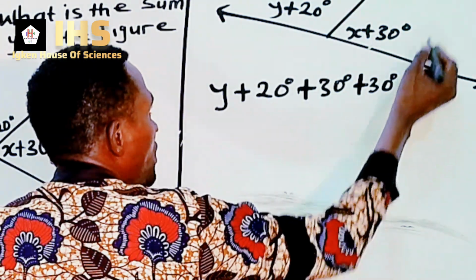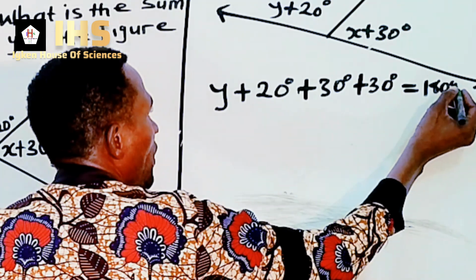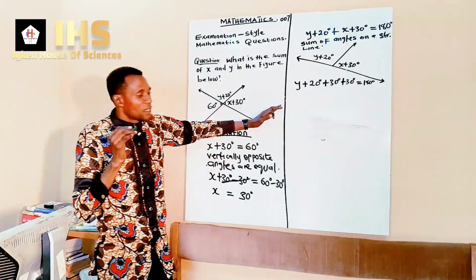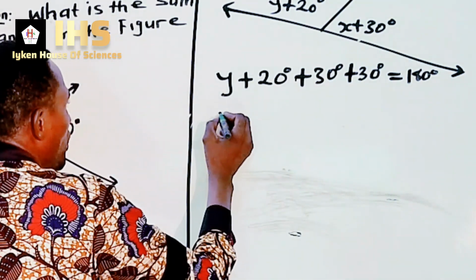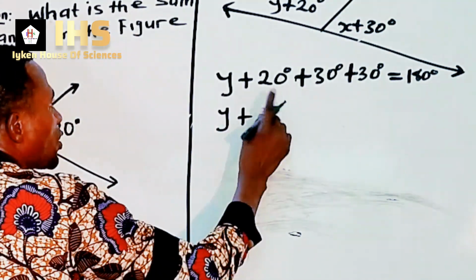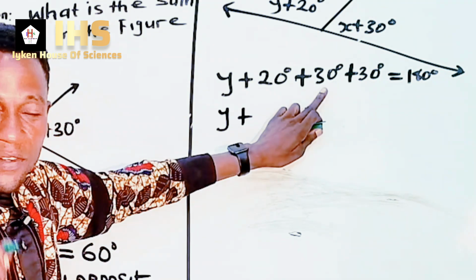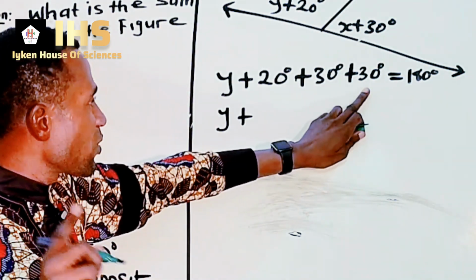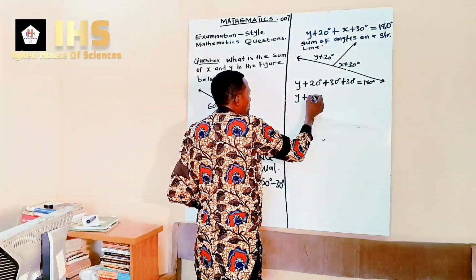And we equate the whole thing to 180 degrees again. Is that clear? We sum this up. What do we get? 20 plus 30 gives us 50, and 50 plus 30 gives us 80, all in degrees.